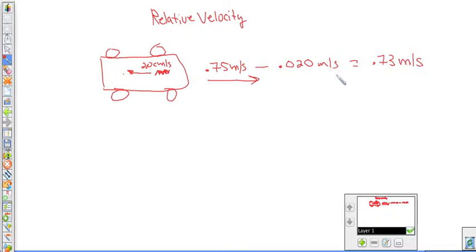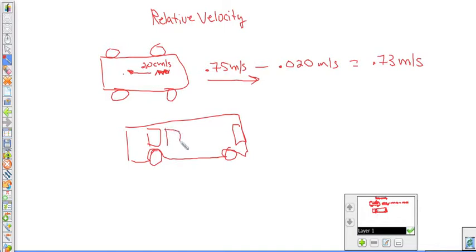So we'd say in the positive direction relative to the ground is what the caterpillar is moving. Same thing would be true if you're walking on a bus. Say that this is a bus, and there's the front of the bus and there's windows. Let's say that the bus is moving at 10 meters per second.